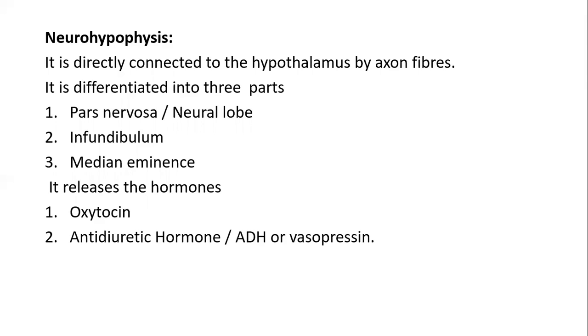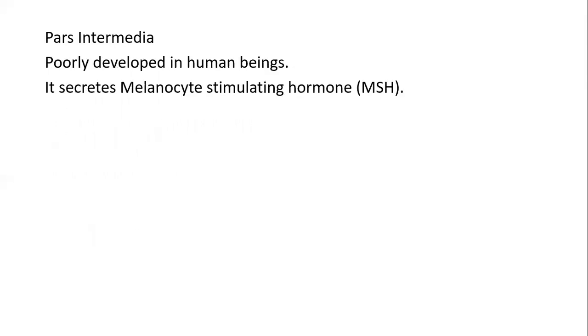And then next is pars intermedia. This pars intermedia is poorly developed in human beings. It secretes the melanocyte stimulating hormone, in short known as MSH, in some lower vertebrates.